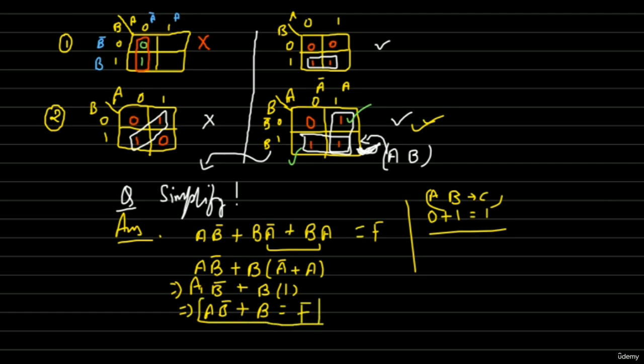So we have learned the simplification of 2-bit. Now let's learn the 3-bit. Okay, so what is the difference in the 3 bits? Well, just a few more boxes, that's it. Practically that's all the difference it has.